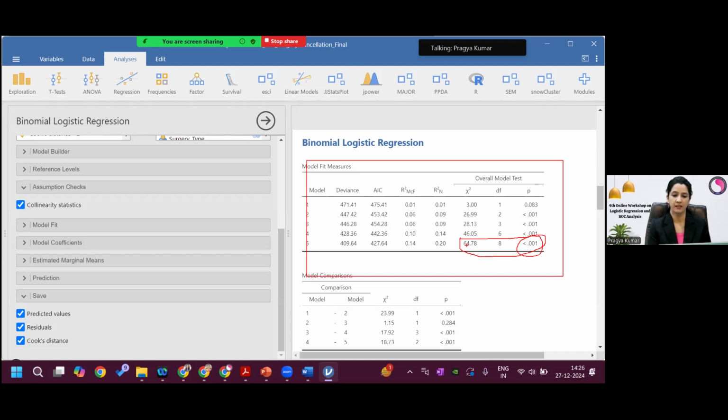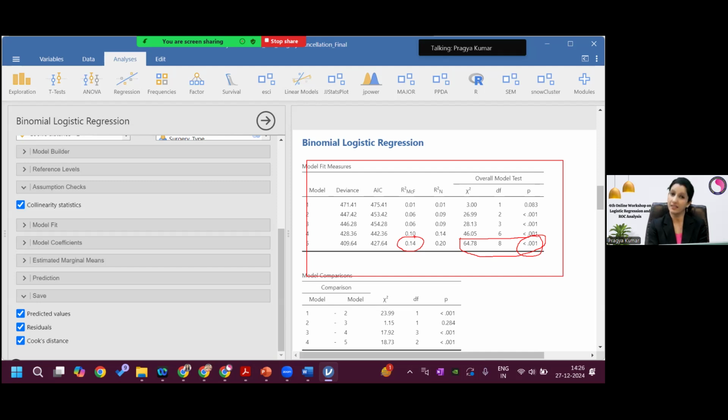And again, we discussed yesterday that this R square is different from the R square in linear regression. In linear regression, we would have explained that 14% variation in the dependent variable, the surgery cancellation, can be explained by these predictors.